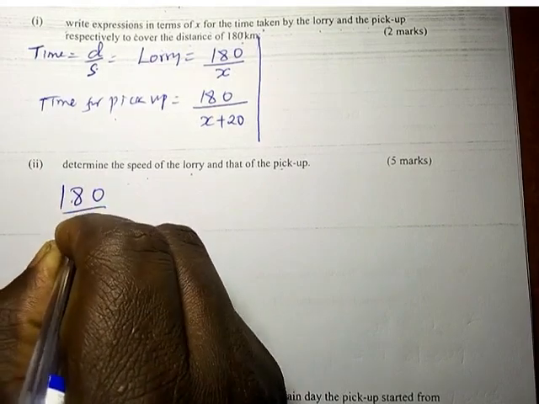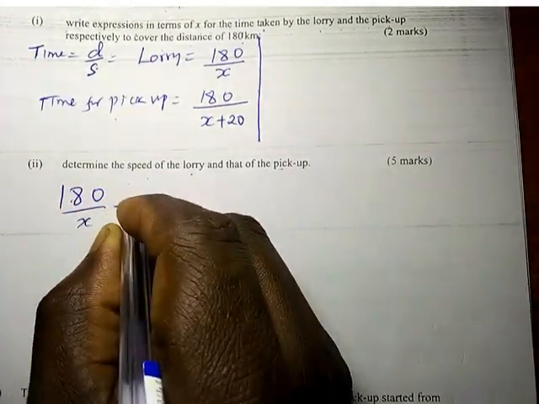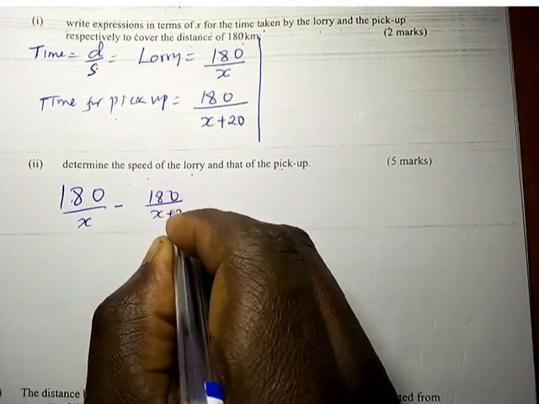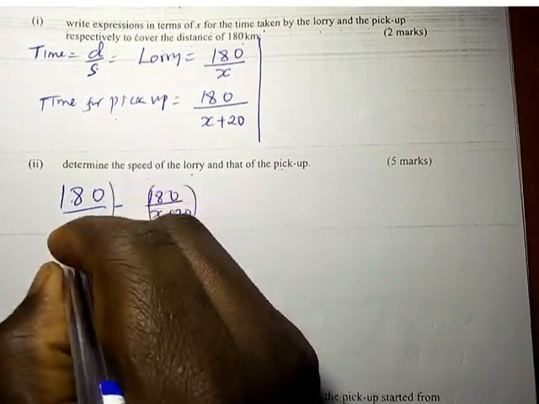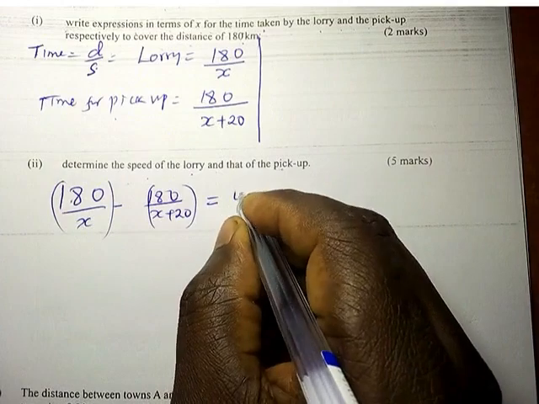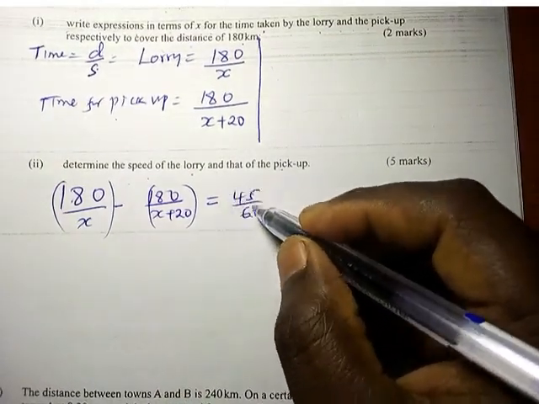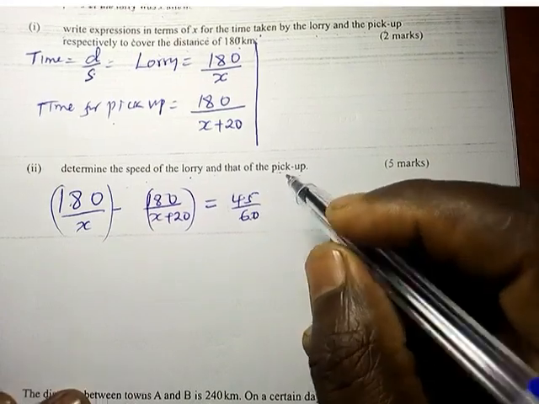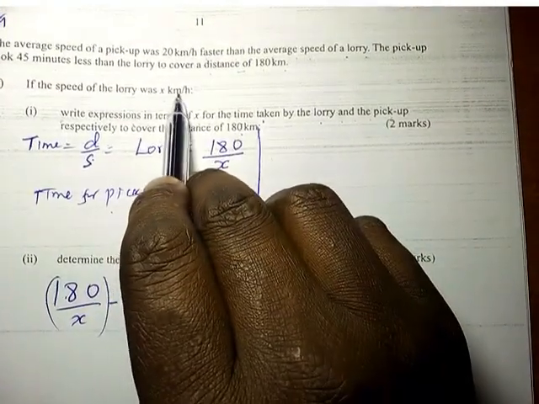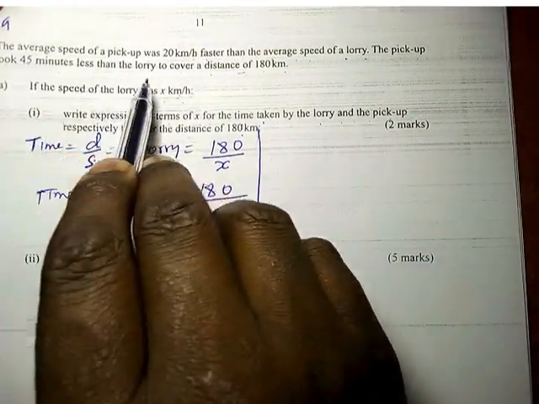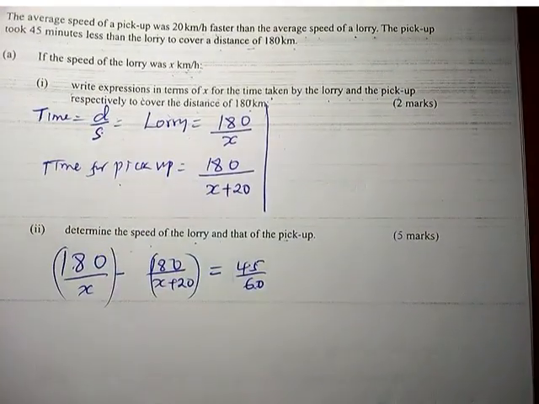So 180 over x minus 180 over x plus 20. This one will give us 45 over 60. We put over 60 because we must convert this time into hours, since our speed was in kilometers per hour. So this was 45 minutes, and we need to convert to hours.